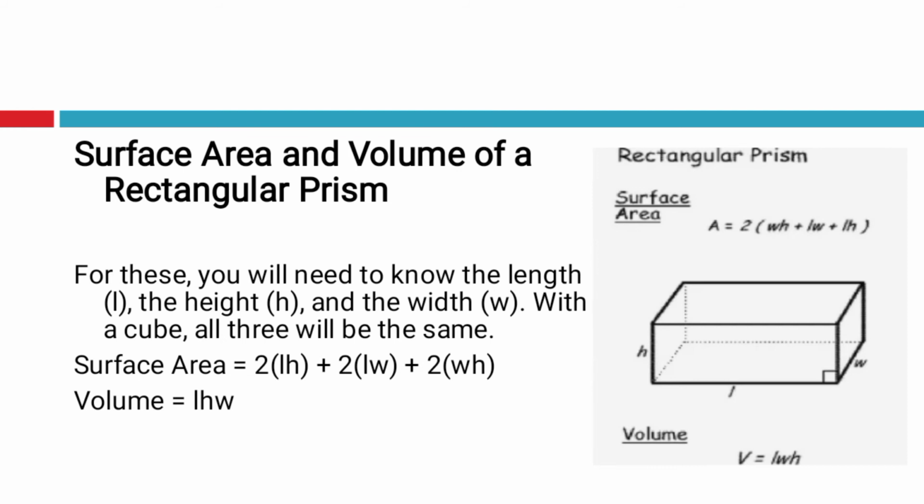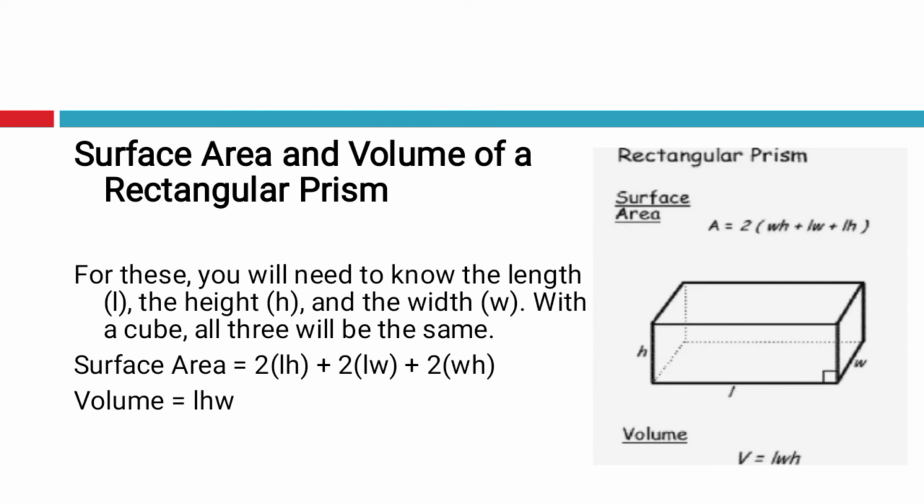Now, the next one is surface area and volume of a rectangular prism. If you look at the formula there, it's very simple. Surface area A is equal to 2 open bracket WH plus LH plus LW close bracket.